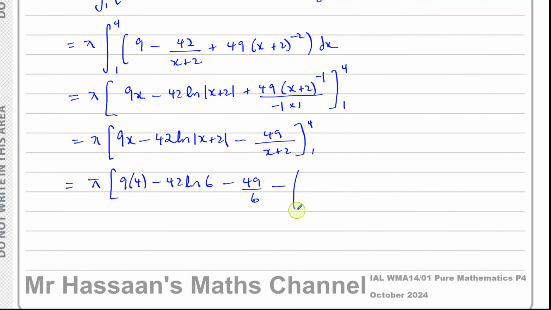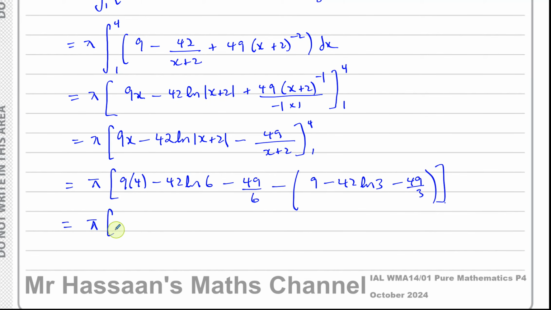Okay, minus, and now we're going to put 1 instead of x. So you're going to have 9 times 1 minus 42 ln of 3. 1 plus 2 is 3. Minus 49 over 1 plus 2, which is 3. Okay, so all of this is multiplied by pi, by the way.